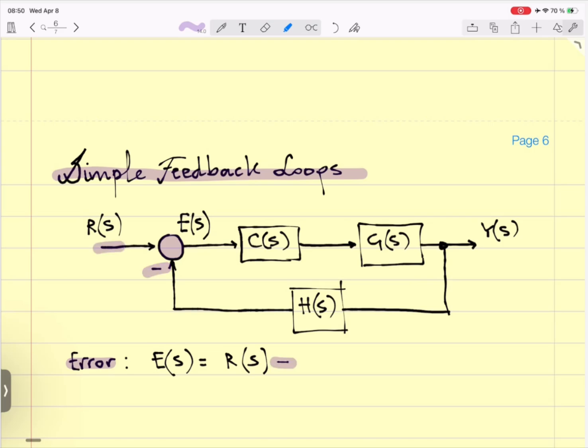So the input goes with a plus, minus I times H. Okay.